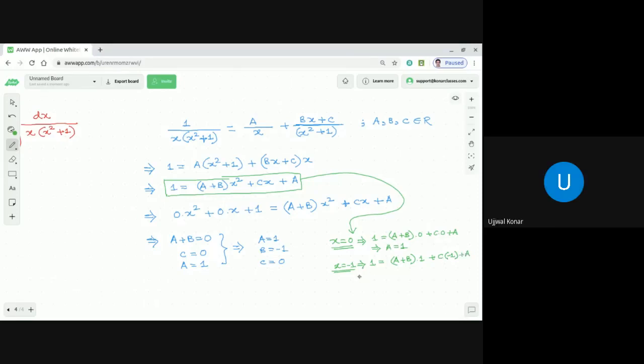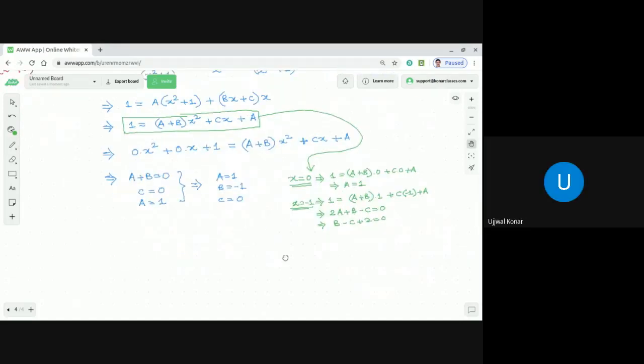From here what we get? 2a plus b minus c equal to 0. And we already got the value of a equal to 1 when we put x equal to 0. So that means we get b minus c plus 2 is equal to 0.